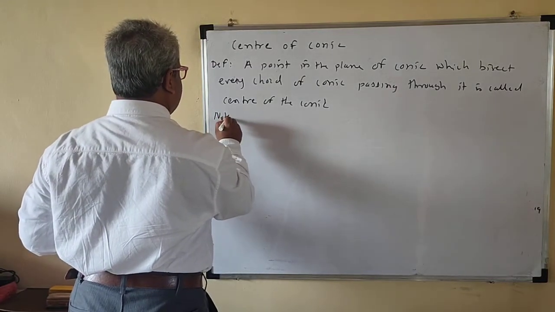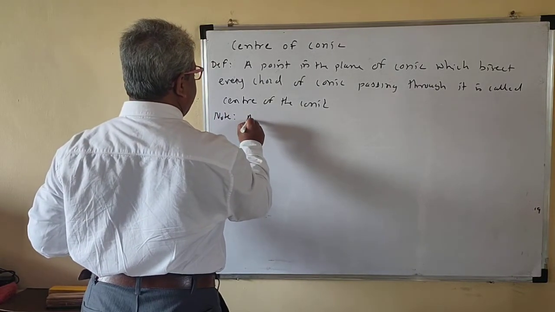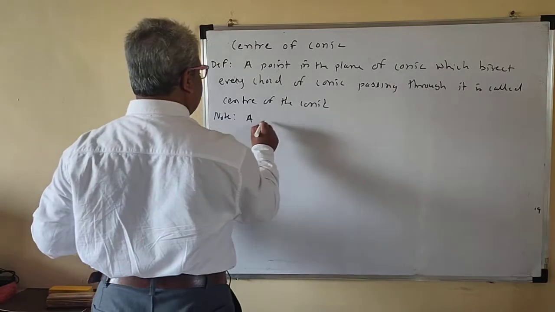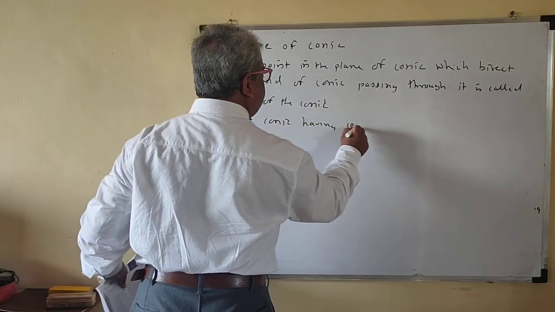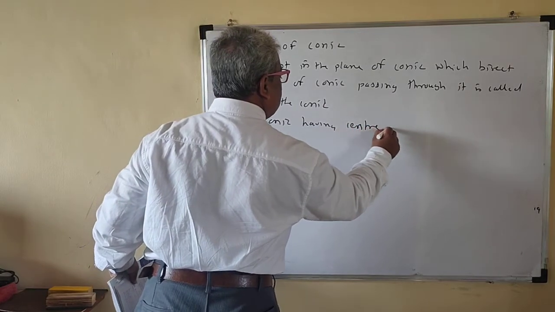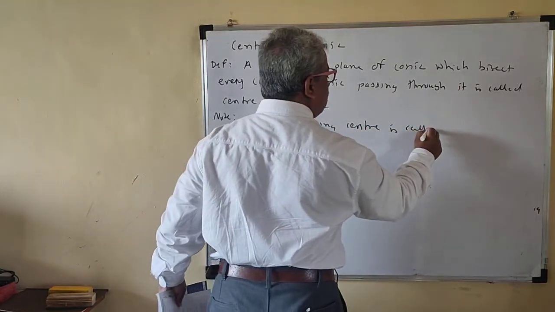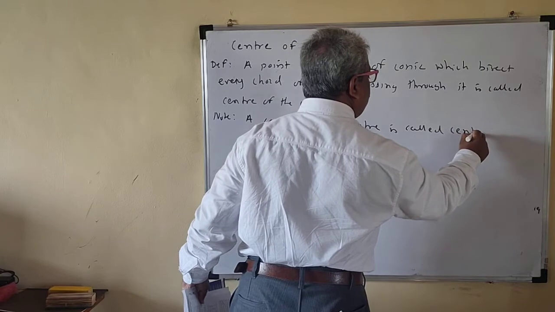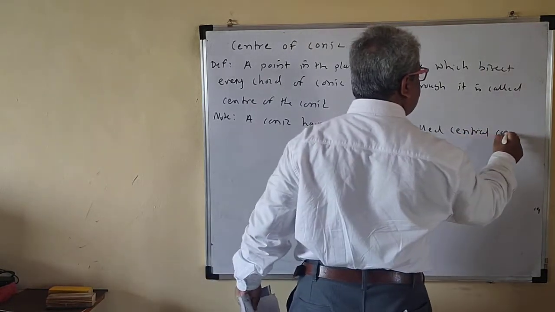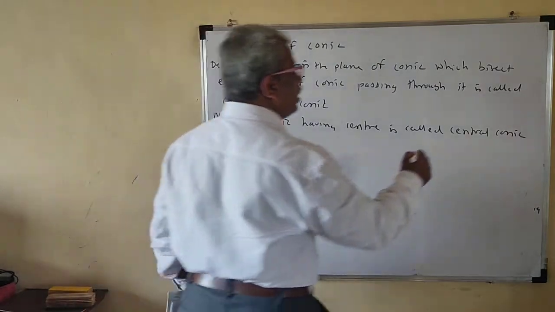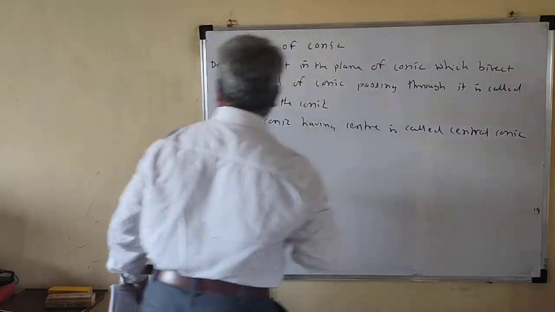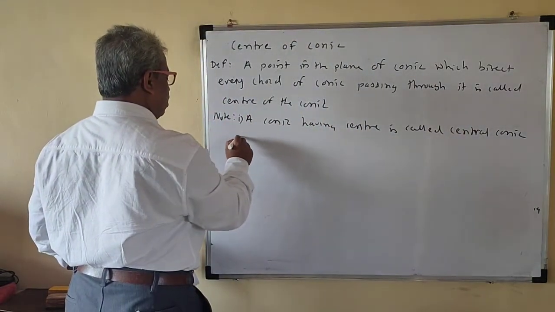So we'll write a note. These notes are very important. A conic having a center is called a central conic. This is point 1.